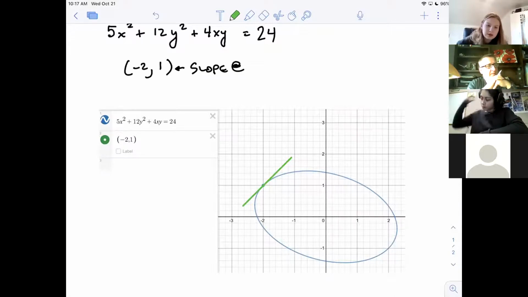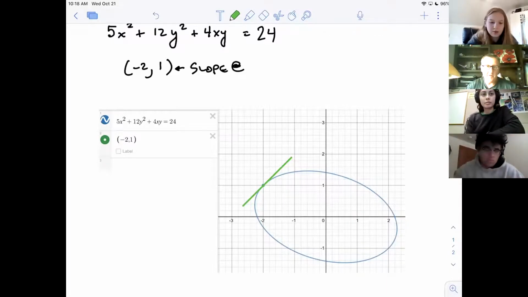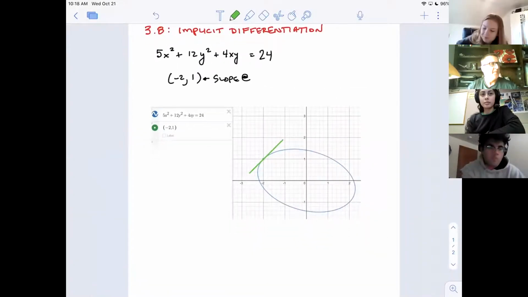So I'd say a slope around 1 looks pretty reasonable for this. What I don't want is for you to not understand whatever mistake you made here. So anyway, let's launch into it.